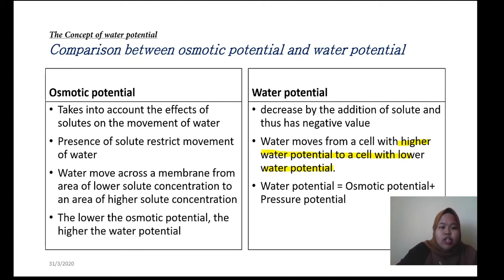But in osmotic potential, water moves across a membrane from an area of lower solute concentration to an area of higher solute concentration. So by this, we can conclude that osmotic potential and water potential are inversely proportional. As osmotic potential becomes higher, water potential becomes lower.